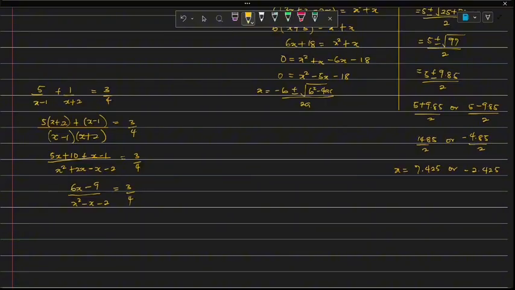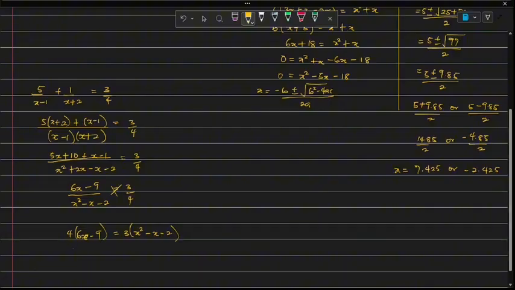Alright, now I can cross multiply. When I cross multiply, what am I left with? I am left with 4 into bracket 6x minus 9 is equal to 3 into bracket x squared minus x minus 2.